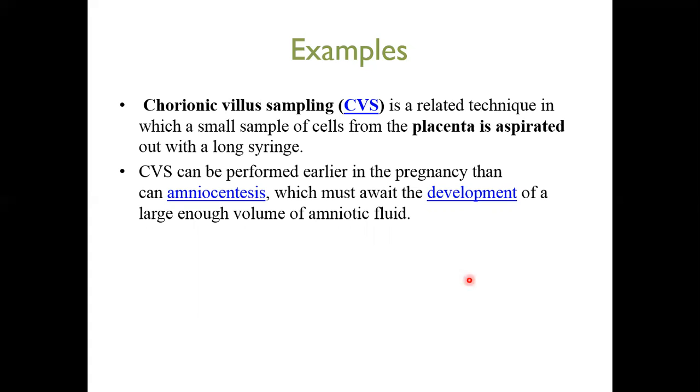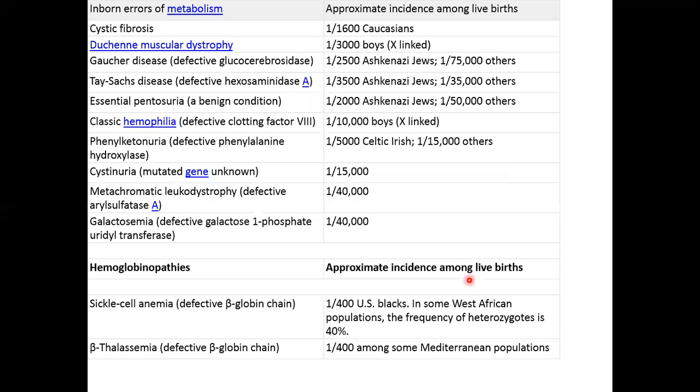In amniocentesis, we need to wait for the amniotic fluid to develop and become available in large quantity, then we can get the sample. But chorionic villus sampling is sampling from the placenta, which does not require the development of amniotic fluid.